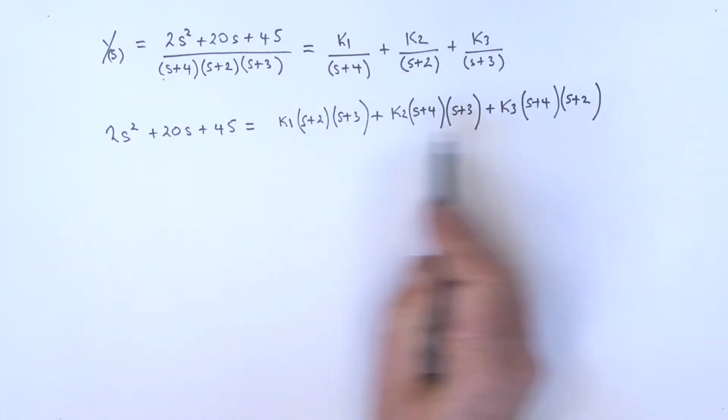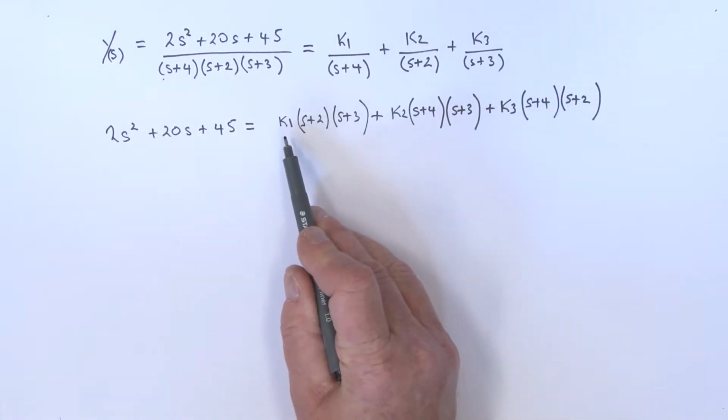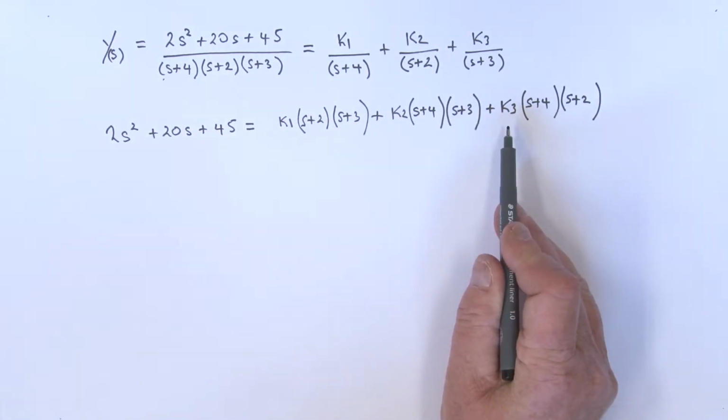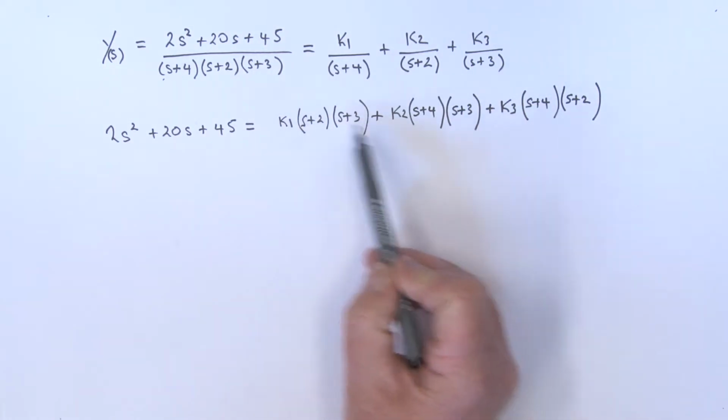All right, so that's the expression we're going to work with in order to find these constants K1, K2, and K3.